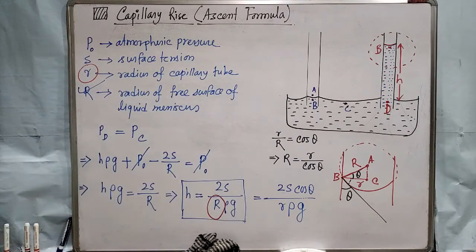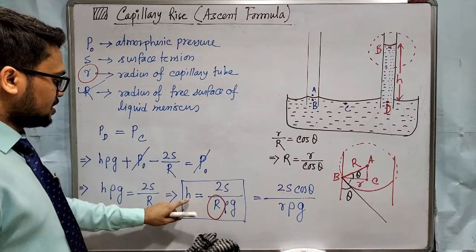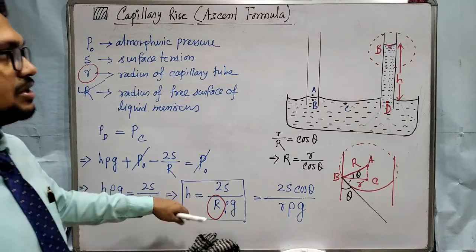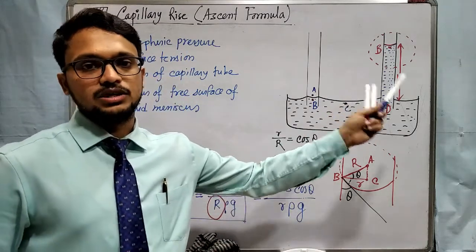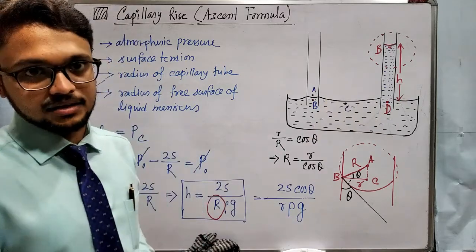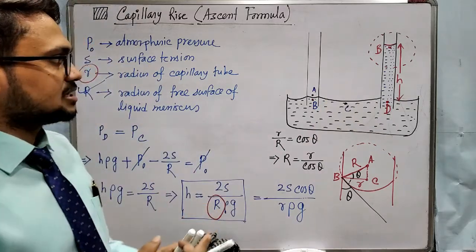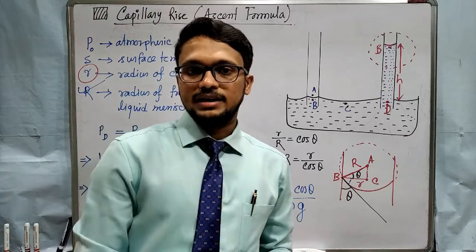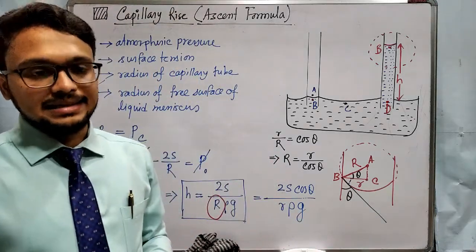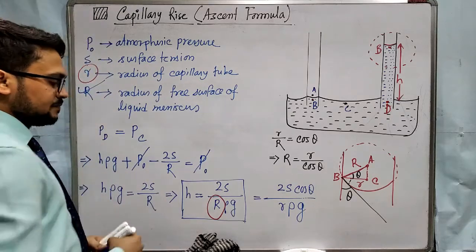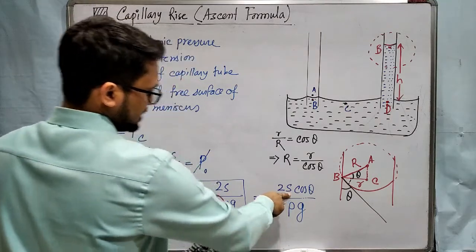So this is the ascent formula, or the height through which the liquid will go up. Here we have taken that kind of liquid which will wet the container, or for which liquid and solid in contact, the angle of contact should be less than 90 degree or acute angle. So now we know all the values.